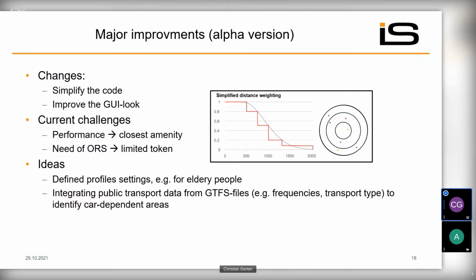As I showed in Stuttgart, we define the lowest categories of walkability as car-dependent areas, but totally we don't know, because we do not have information about other mobility options like public transport. That would make it easier to see the mobility structure of a city. But that would be more another branch of the tool. So maybe a second tool could derive from that.